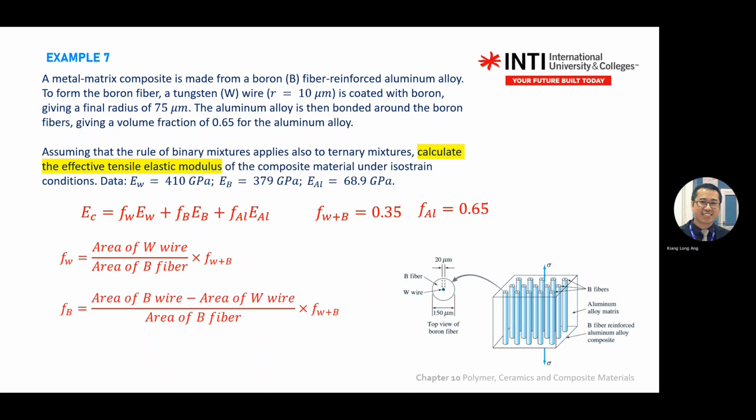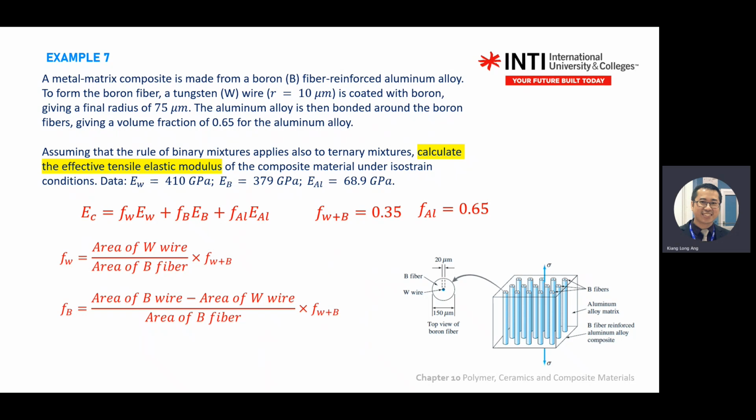This is another further calculation. In short, you can just use pi r square of W divided by pi r square of B. This is just a bit longer steps because you just want to put everything in the same language.